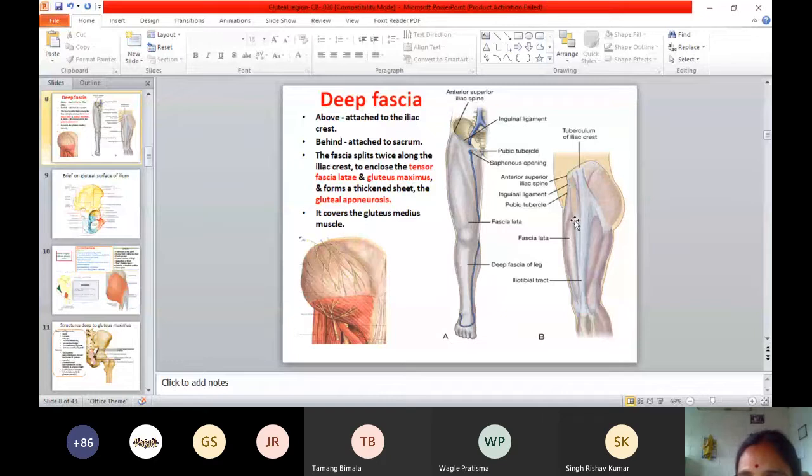The muscles are tensor fascia lata, and this big muscle in the gluteal region is known as gluteus maximus. Maximus means large, big, and forms a thickened sheath. The name of the deep fascia in the gluteal region is gluteal aponeurosis. Here you can see this is the gluteal aponeurosis, and it covers the gluteus maximus.